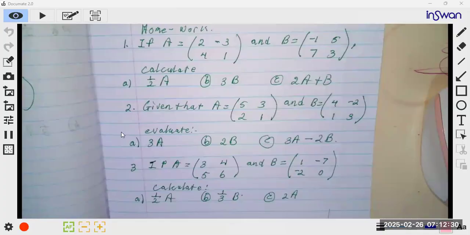Here's where you're dealing with the order of the matrices. You have to see whether the matrices are compatible, whether you can multiply them, and all that depends upon the order of the matrices. All right?